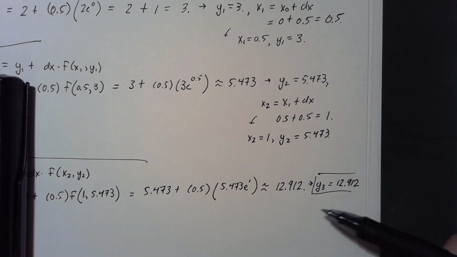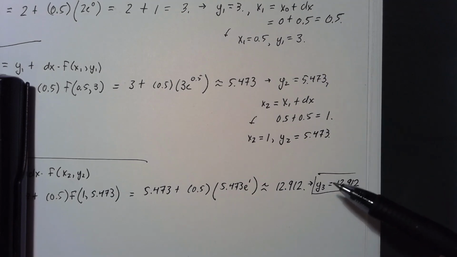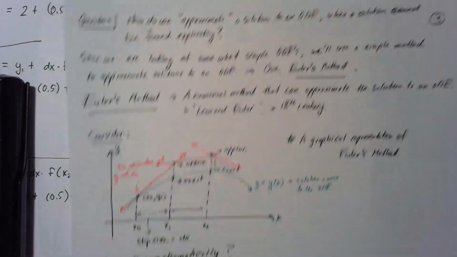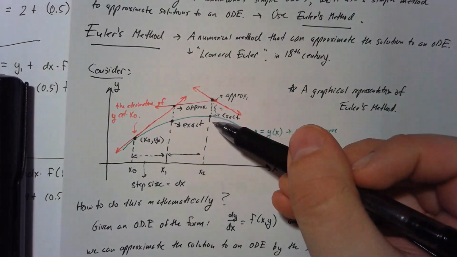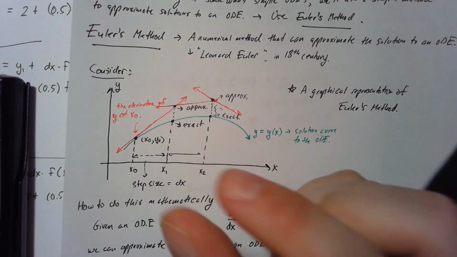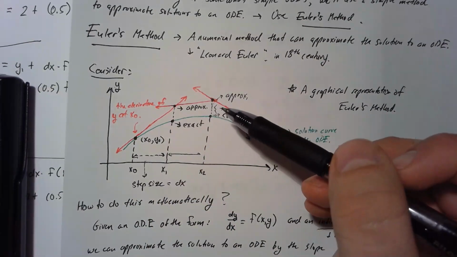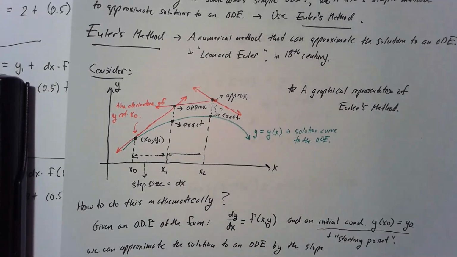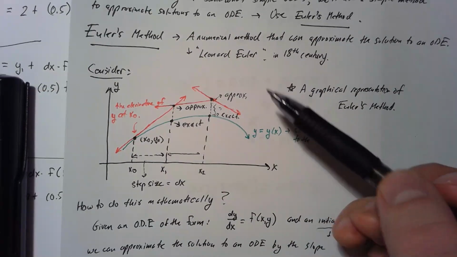But the more and more iterations that you do of Euler's method, this value is going to potentially converge to the true value. In other words, the gap between the exact value and the approximate value will start to shrink. And you're going to get a better approximation, in good cases.